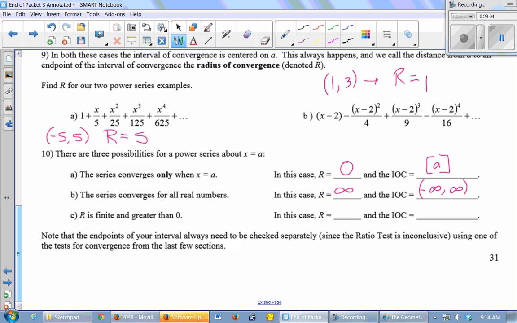And then the third possibility is what we've looked at so far. In this case, R is finite but greater than 0.